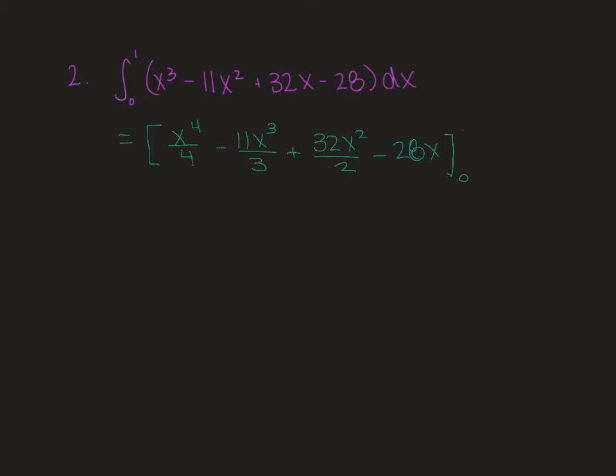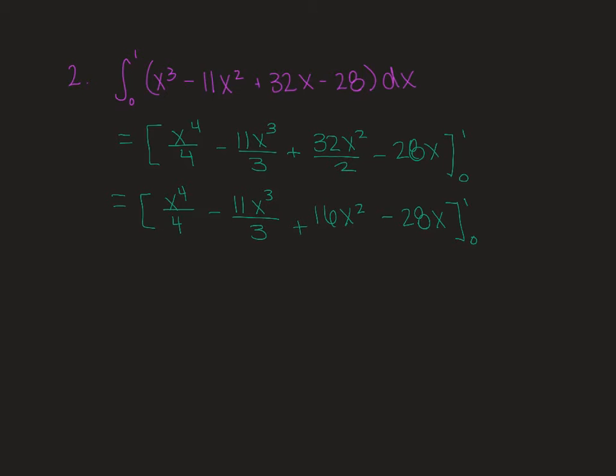And our bounds were from 0 to 1. Okay, so let's clean this up a little bit if we can. So x to the 4th over 4 minus 11x to the 3rd over 3. This one can simplify to 16x squared, and this one cannot.